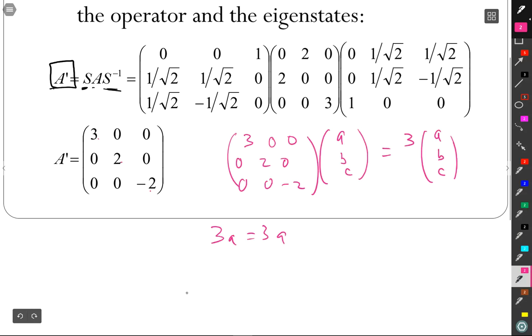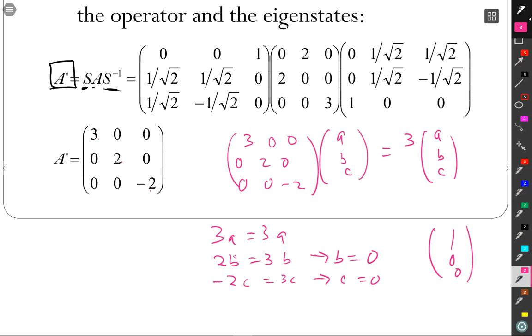Well, that was tough. And then I have 2B equals 3B. How can that be true? That's only true if B is equal to 0. And likewise, I have minus 2C equals 3C. That can only be true if C is equal to 0. So you see right away that you have 1, 0, 0 is your normalized eigenvector.